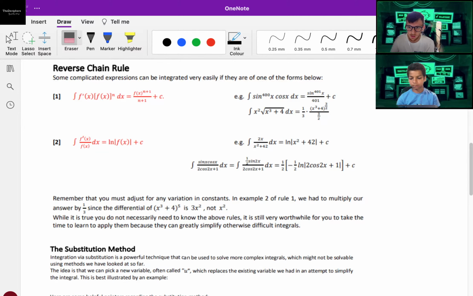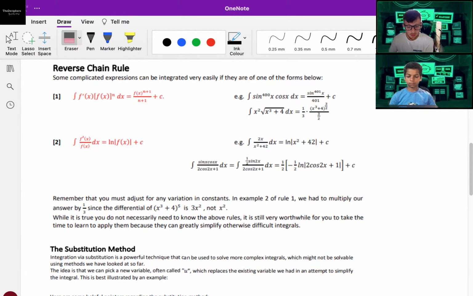So when you differentiate ln of a function, that would differentiate to the derivative of the function over the function. For example, if we had 2x over x squared plus 42, we can see that the derivative of x squared plus 42, the denominator, is 2x, which we have on the numerator. So if we're integrating 2x over x squared plus 42, we have ln of x squared plus 42 plus c.